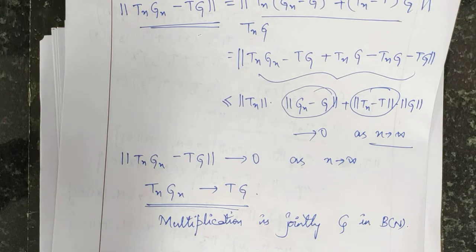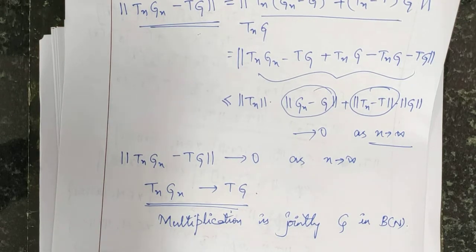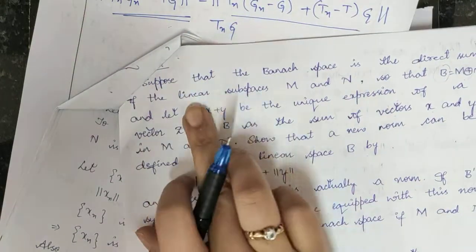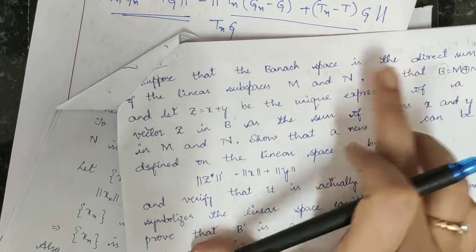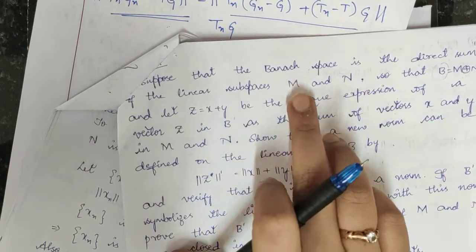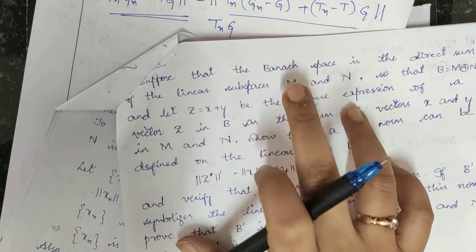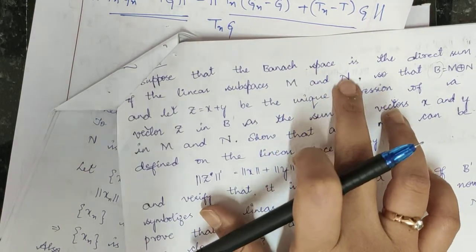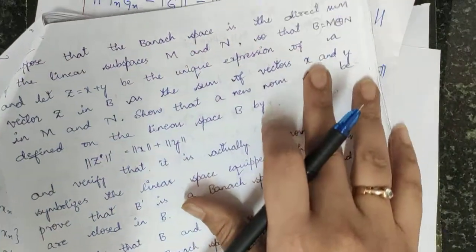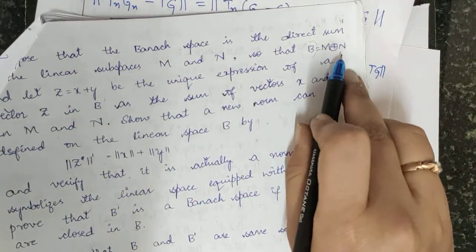The statement of the next theorem says that suppose that the Banach space is the direct sum of the linear subspaces M and N. They are considering the direct sum of the linear subspaces M and N. So we can denote our direct sum as M plus N, right?